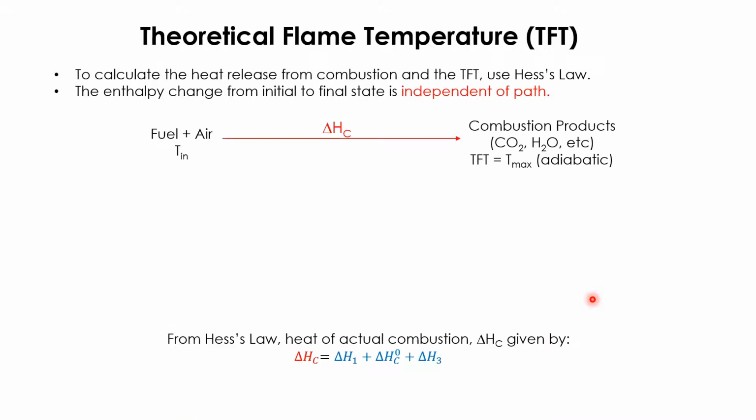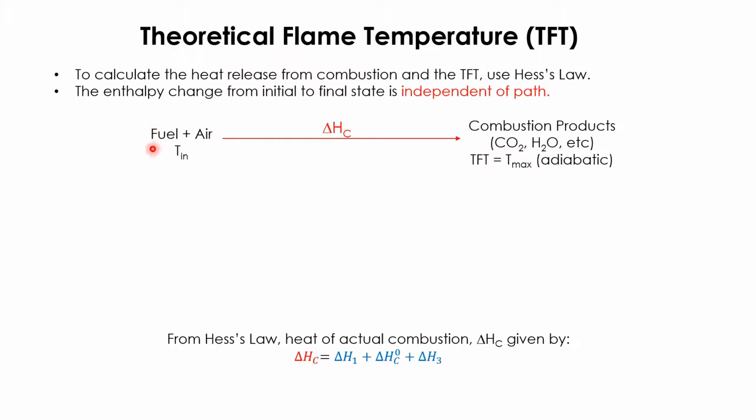To calculate the heat release from the combustion, we use the theoretical flame temperature concept and apply Hess's law. Hess's law says that the enthalpy change from the initial to the final state is independent of the path. Here is the simplified version of the combustion reaction in the furnace.